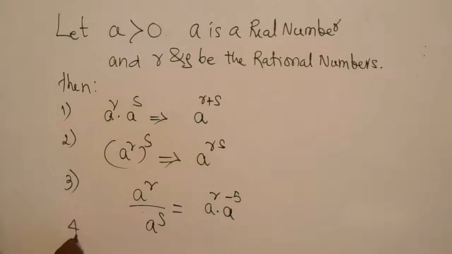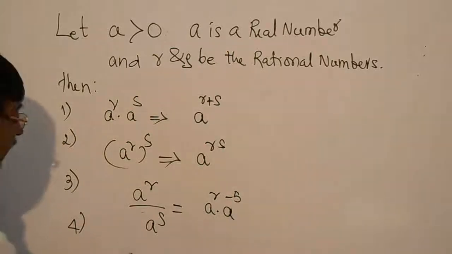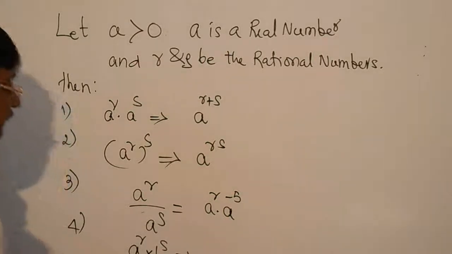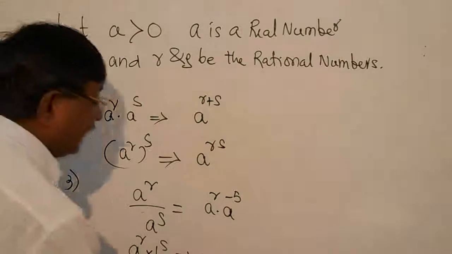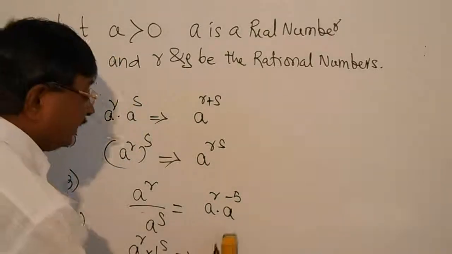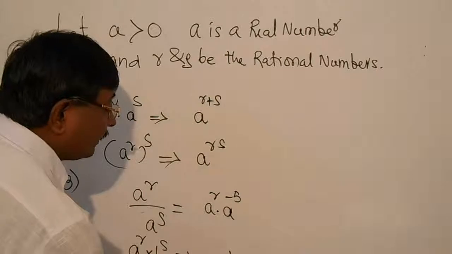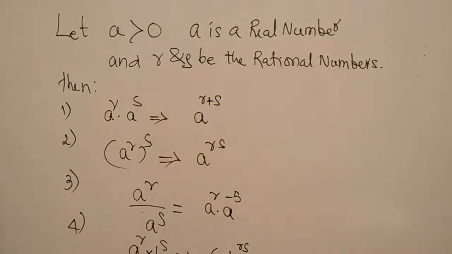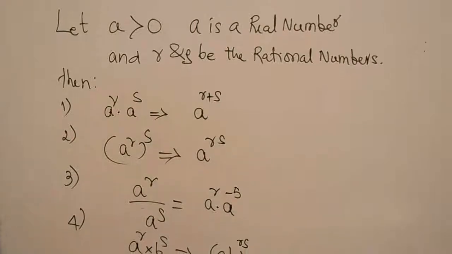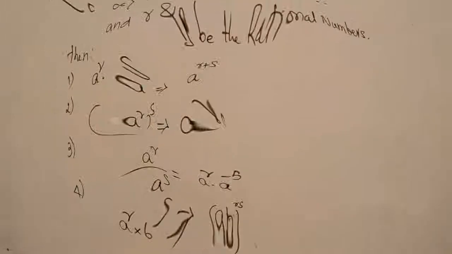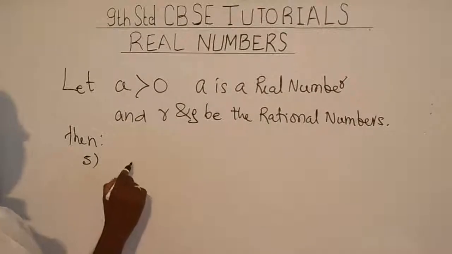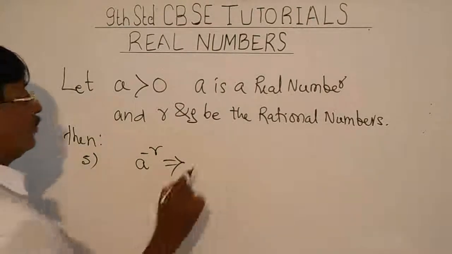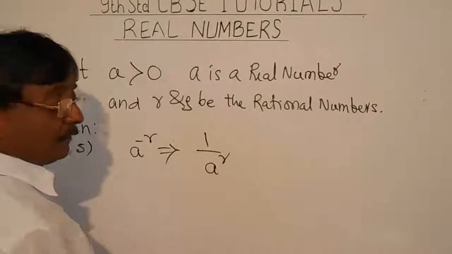Next, number 4, a to the power of r and b to the power of s. Since the bases are different, what we can do here is a into b, that is ab to the power rs. Okay. Next, number 5, a to the power of minus r, which can be expressed by way of 1 divided by a to the power of r.